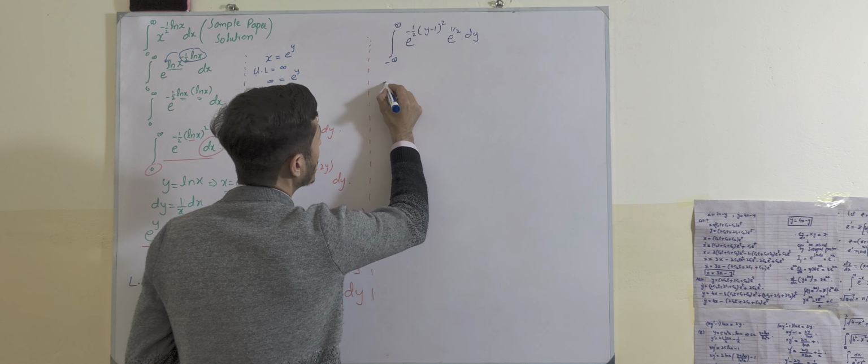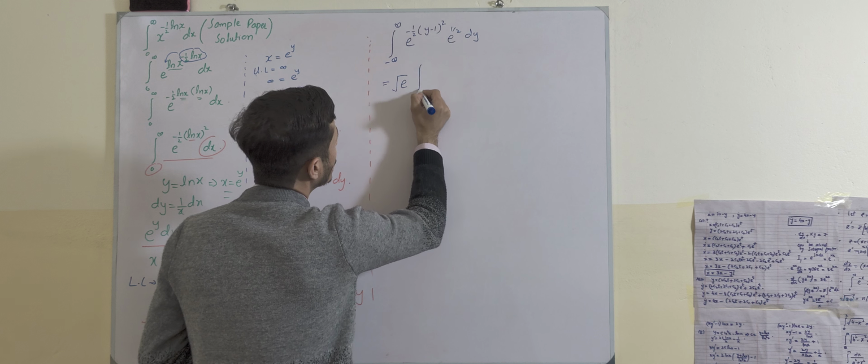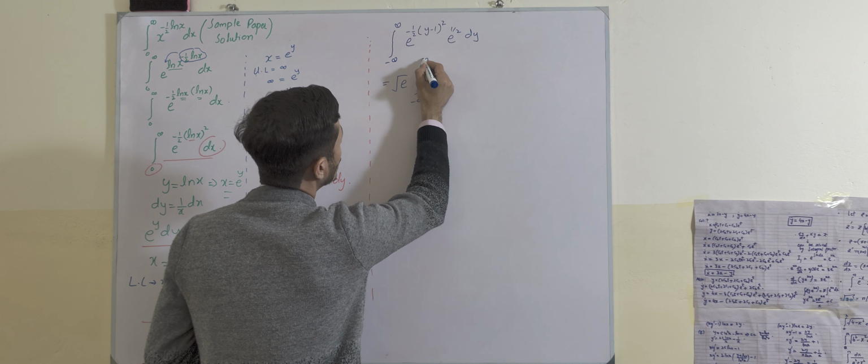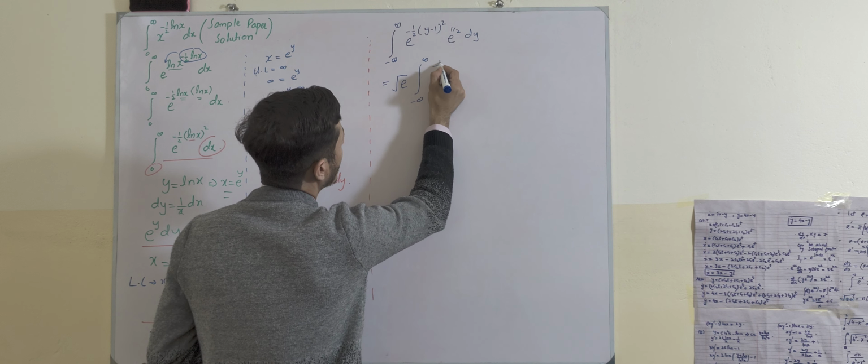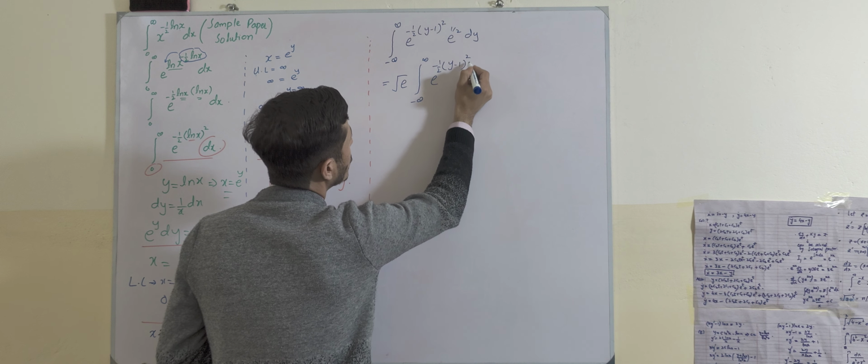It will come out from the integrand and it will become root e into the integral from minus infinity to infinity e power minus 1 by 2 y minus 1 whole square del y.